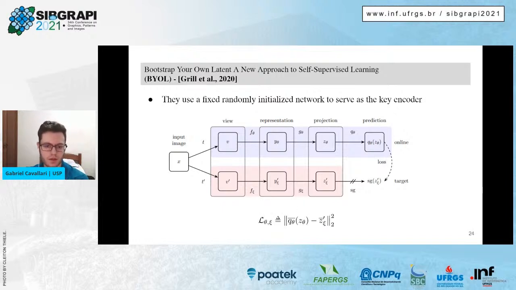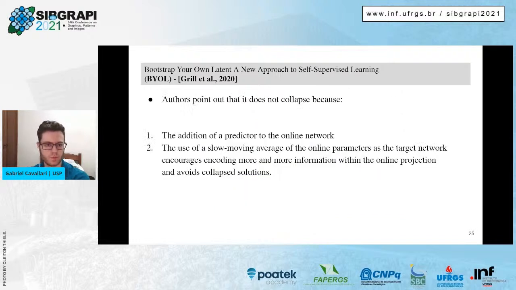Here is the L2 loss they use to compare the predictor and the target. The authors point out that it does not collapse probably because of the addition of a predictor to the online network, and because they use a slow moving average of the online parameters as the target network.